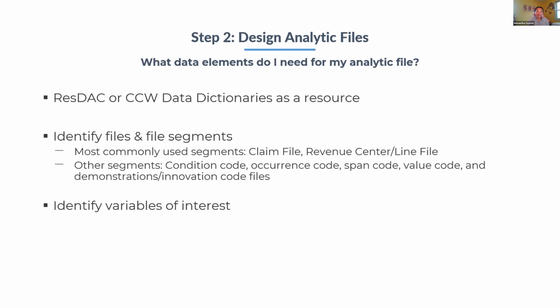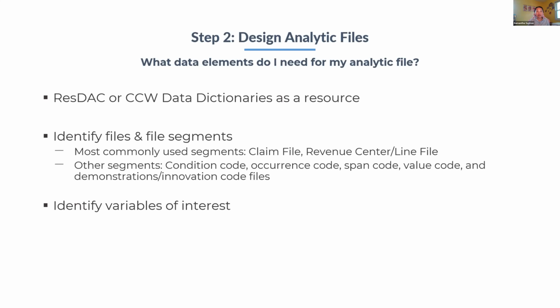You'll also want to identify files and file segments, and file segments are really more important for when you're coding down the road. So some commonly used segments are the claim files and then the revenue center or line file. And then I've got other segments listed as well: condition, occurrence, span. Those aren't used as frequently, but do have useful information depending on your needs.